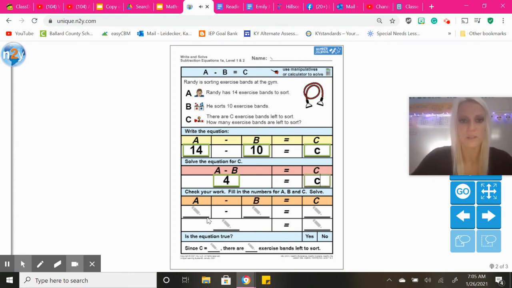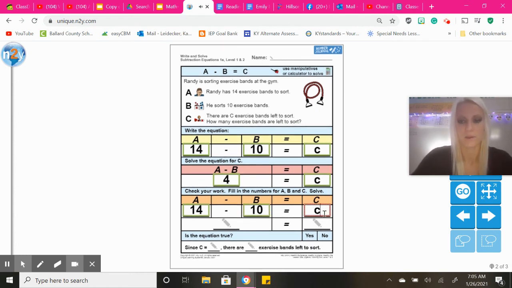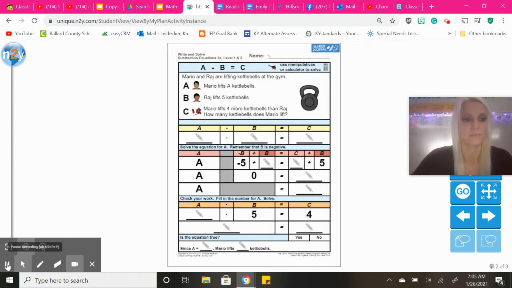So we have A, 14 minus 10 equals C. Oh, it wants our answer now. Okay, 4. So C is 4. Does 4 equal 4? Yes, it does. And since C is 4, there are 4 exercise bands left to do. Go ahead and complete that next slide.